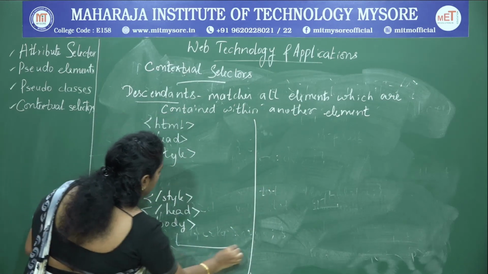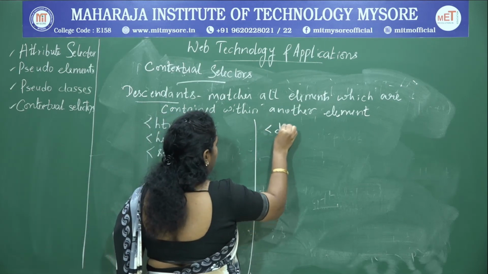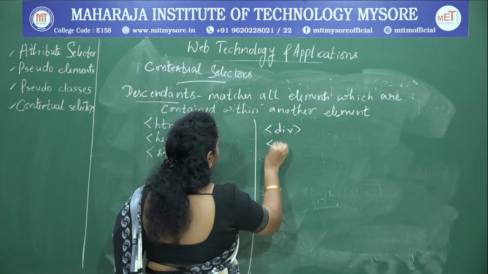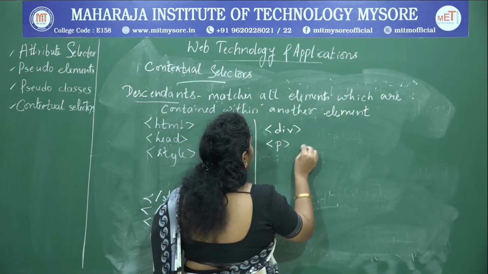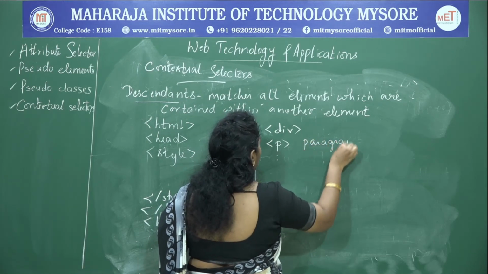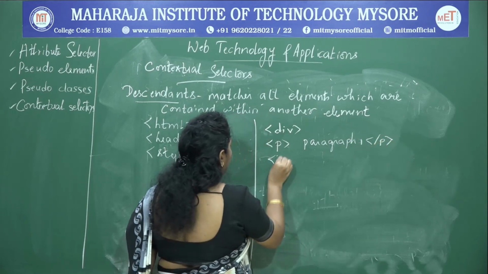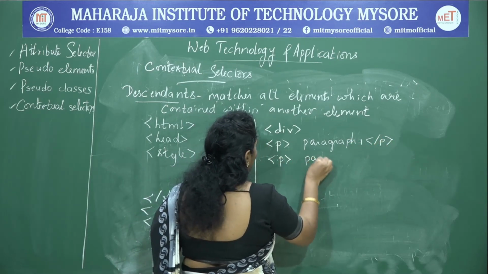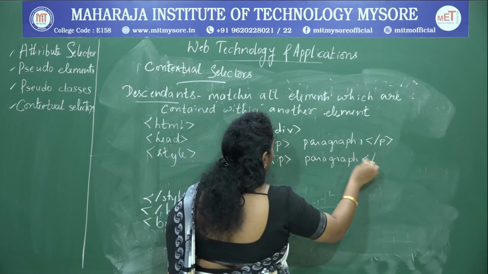Body will continue from this side. Okay, I am taking a div tag. There I am using a paragraph. It says paragraph 1, very simple text. Second one, paragraph 2.